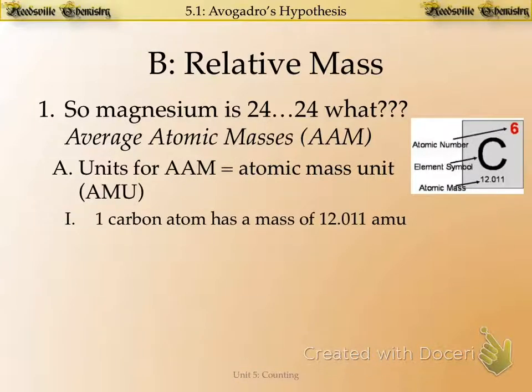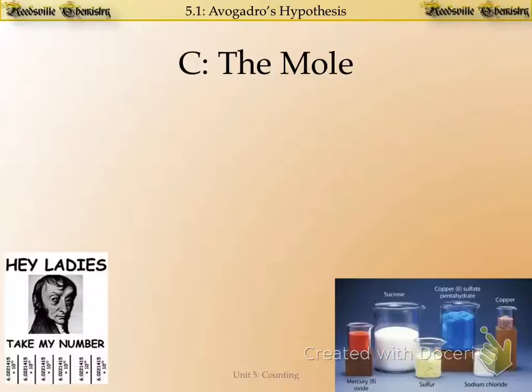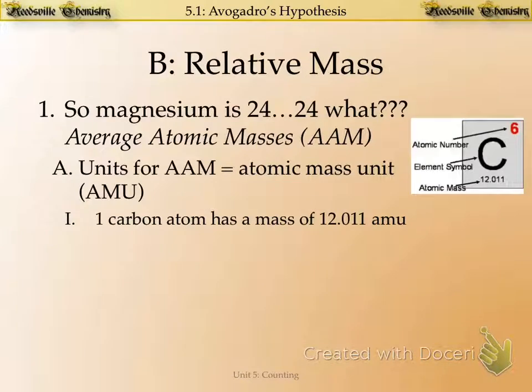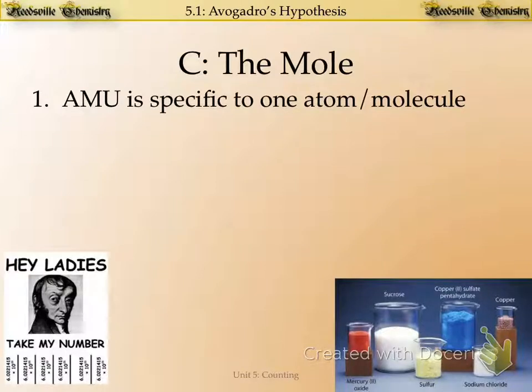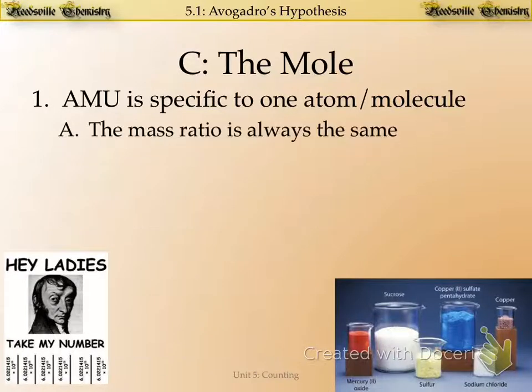So one carbon atom, like I have in this picture to the right, has a mass of 12.011 AMU. But what does that AMU mean? Well, AMU is specific to one atom, or one molecule. And it's pretty rare that we actually deal with a single atom or a single molecule.